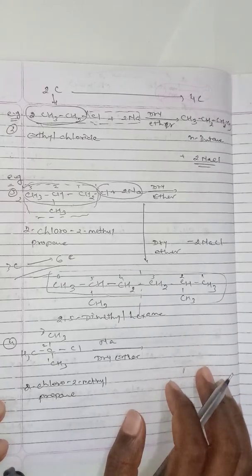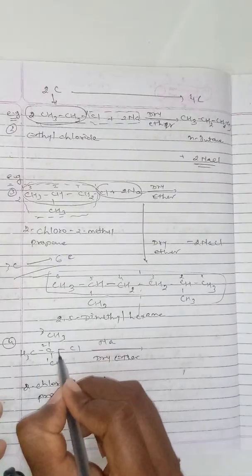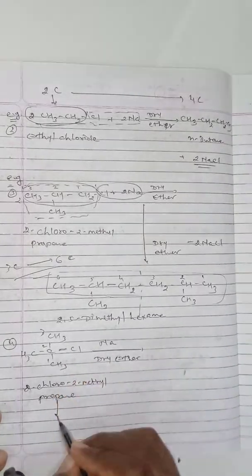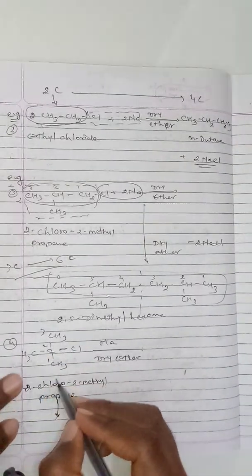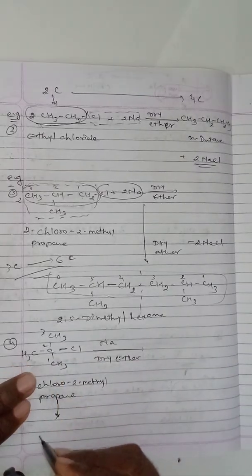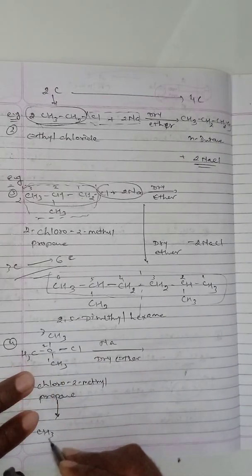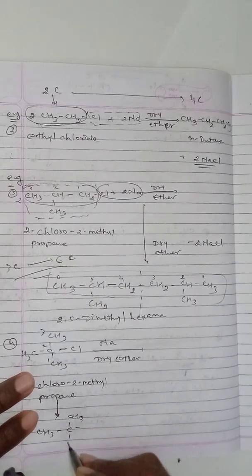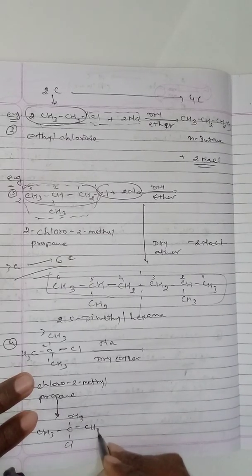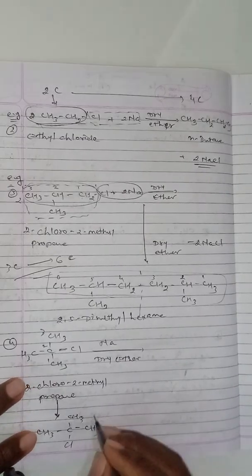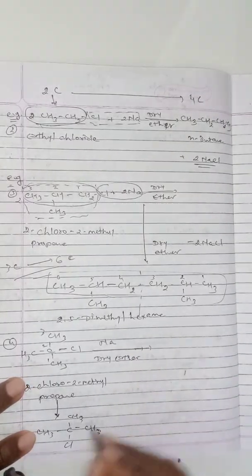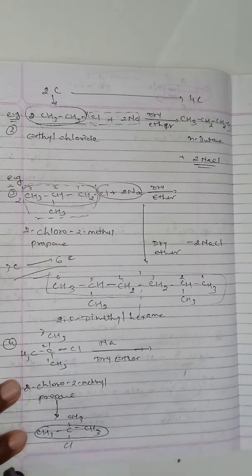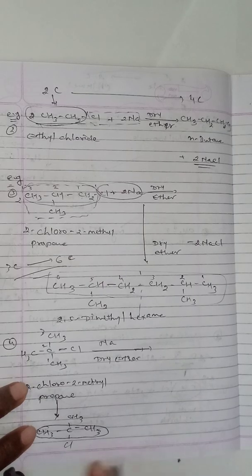Now here let's see the arrangement. Number 1, CH3 C, CH3 Cl and CH3. So from this equation, this will be our longest chain.